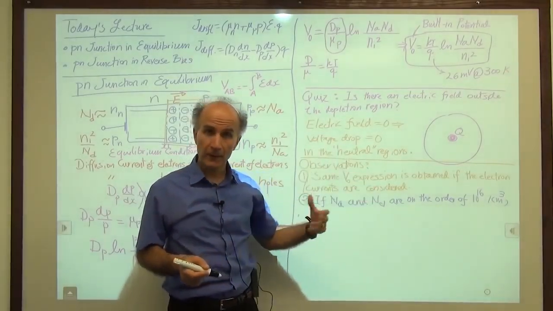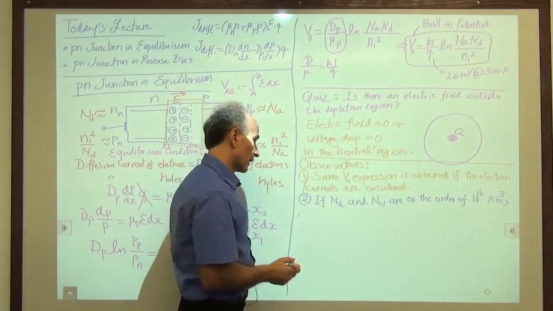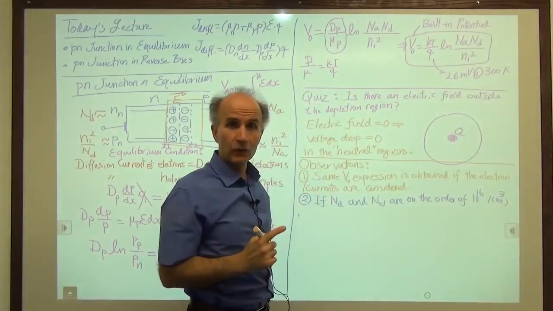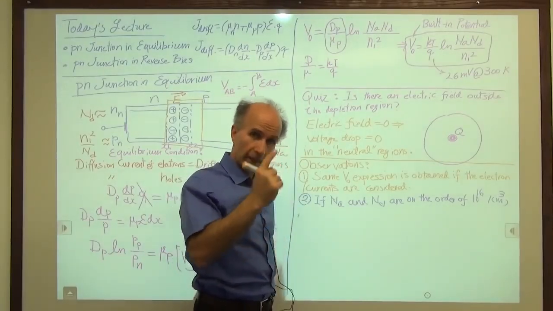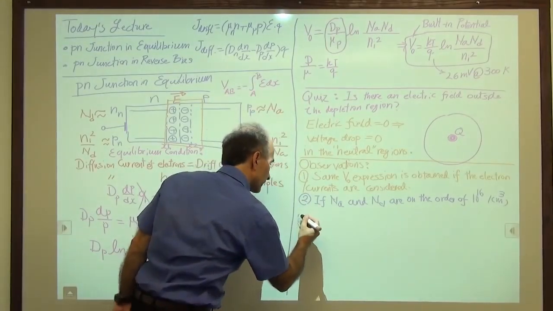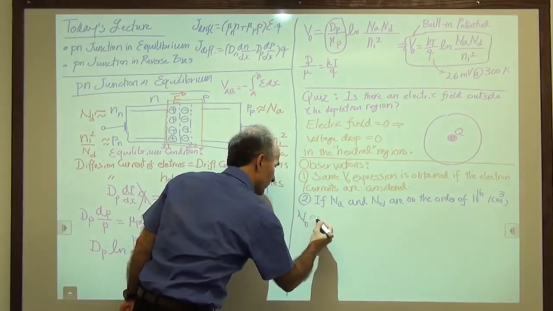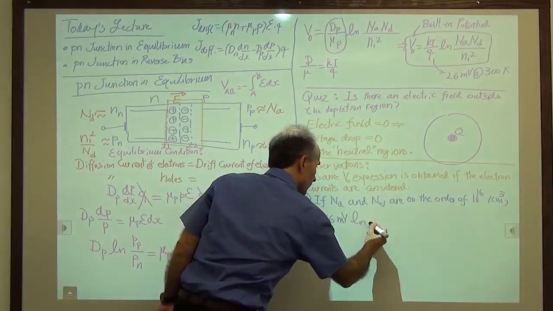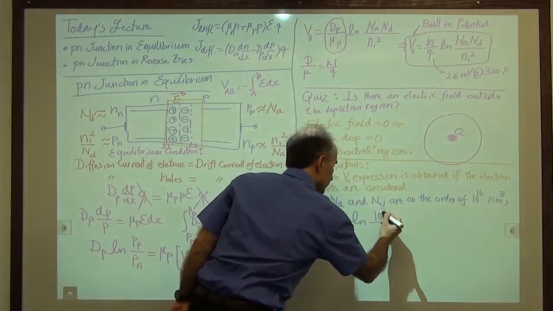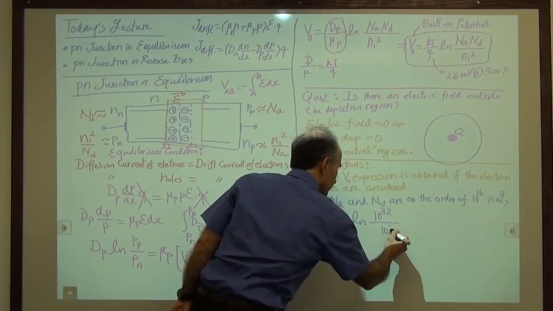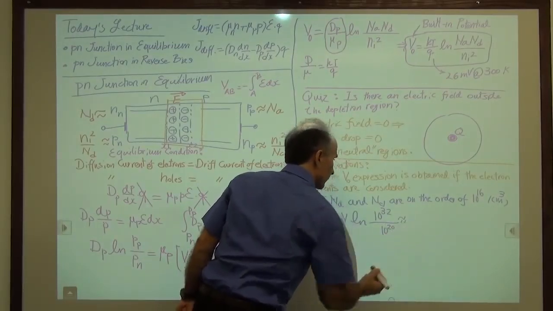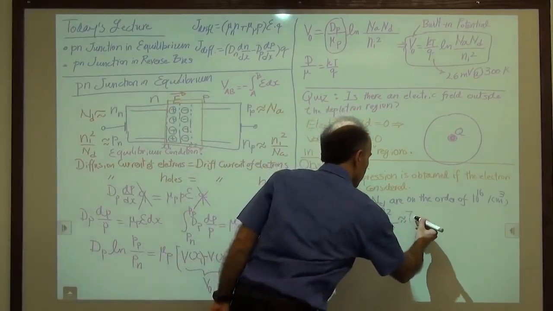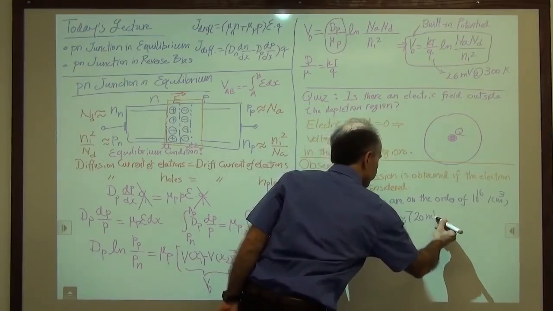But just roughly speaking, if they are about 10 to the 16, then if you plug them in here, and remember that ni squared is 10 to the 20th, because it's 10 to the 10 to the power of 2, then we see that V0 is approximately equal to 26 millivolts times log of 10 to the power of 32 divided by 10 to the power of 20, and that comes out to be about 720 millivolts.